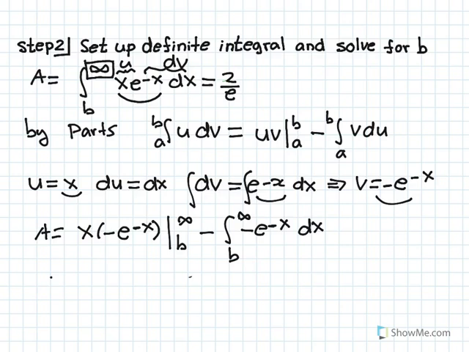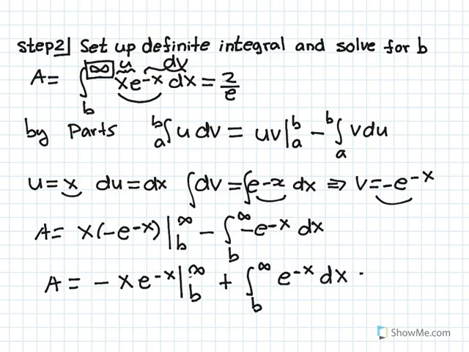infinity. So the area is equal to minus x e to the minus x, from b to infinity, minus minus is plus, the integral from b to infinity of e to the minus x dx, and this area is equal to 2 over e, and our job is to solve for this value of b.